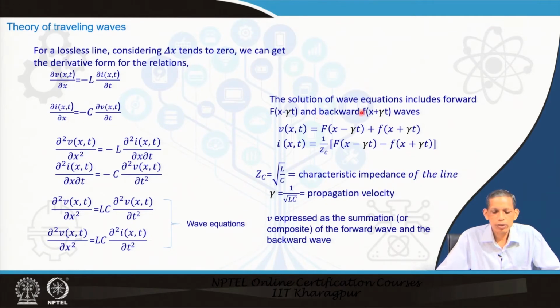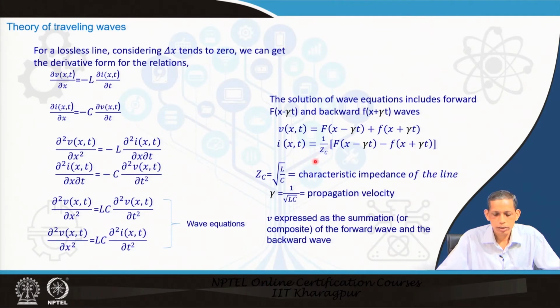The solution of the wave equations includes the well known forward voltage and backward voltage waves and the associated current waves. So, the forward wave is capital F(x minus gamma t), where gamma is 1 by root over L C, the propagation velocity, and the backward wave is small f(x plus gamma t).